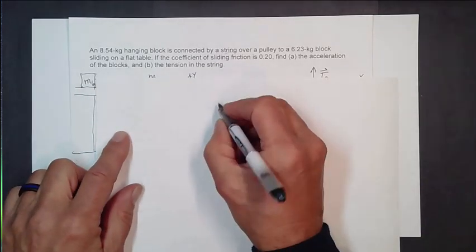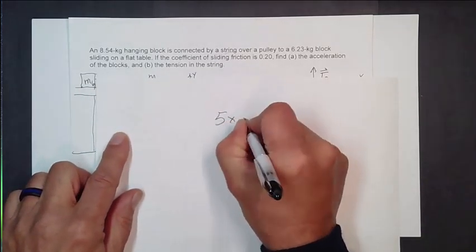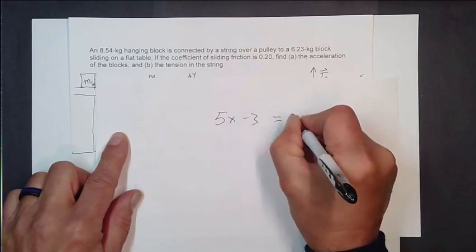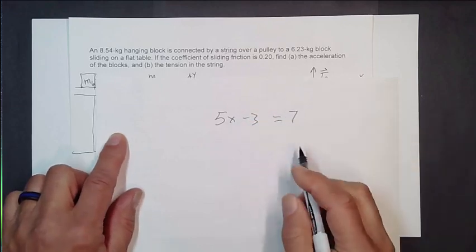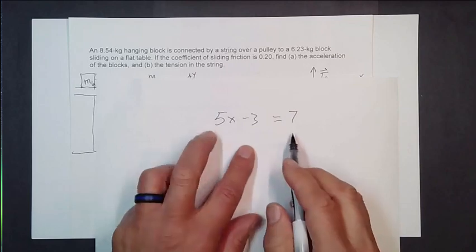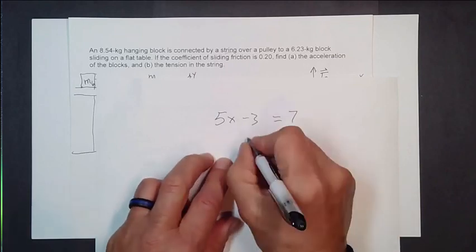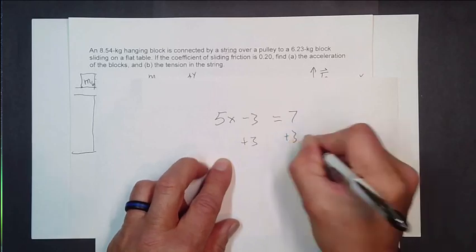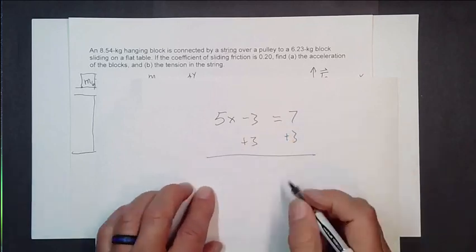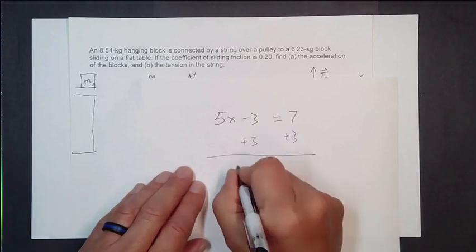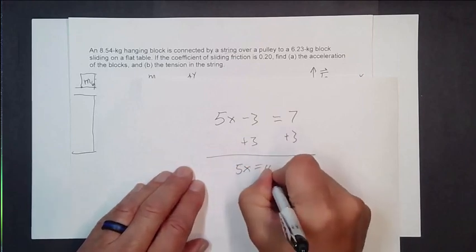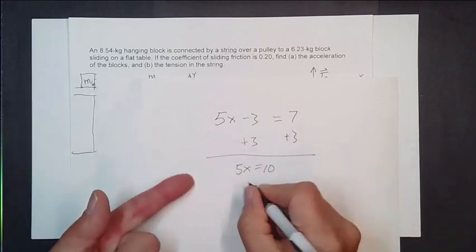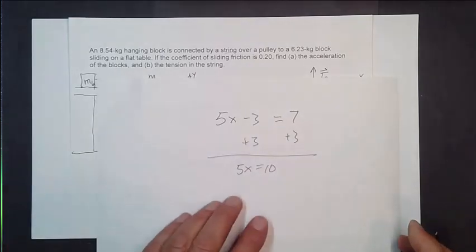If you had something like 5x minus 3 equals 7, one of the first things you could do to solve this equation is add 3 to both sides, and it stays an equality when you do that. So add 3 to both sides and you'll get 5x equals 10, and then you can divide both sides by the same number and you'd get x equals 2.